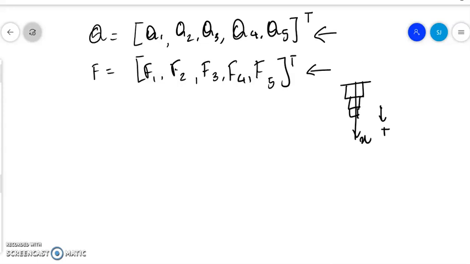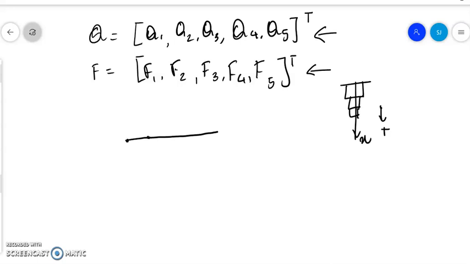Okay, so we know that each element has two nodes, hence the element connectivity can be represented in tabular form. So I'm just drawing that bar element as a line element.